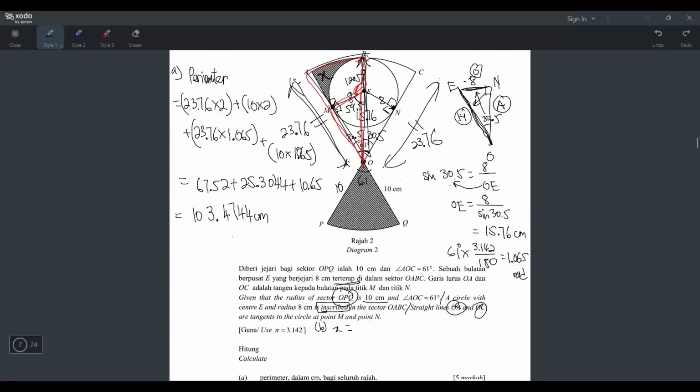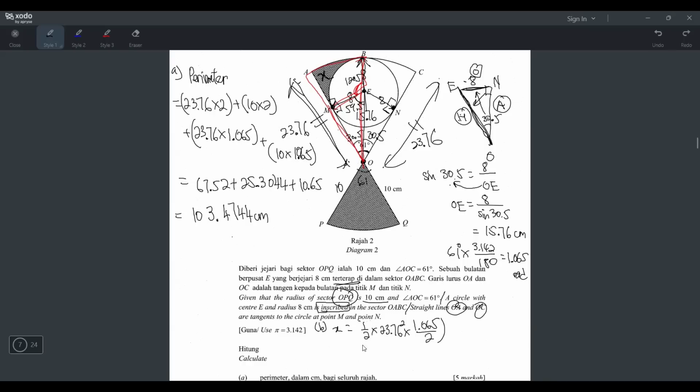So it would be area of sector, which is 1 over 2 r squared theta. The radius is 23.76 squared, and the theta in radian is 1.065 divided by 2, because 1.065 is the whole thing, right? But I cut it in half, so in radian it will be 1.065 over 2. Okay, and there you go.